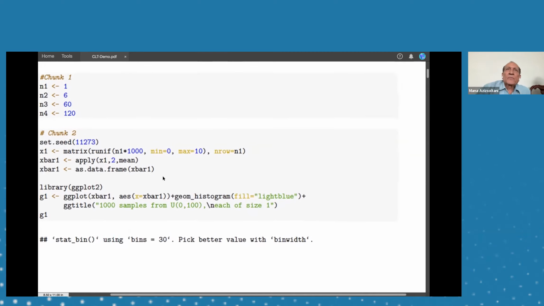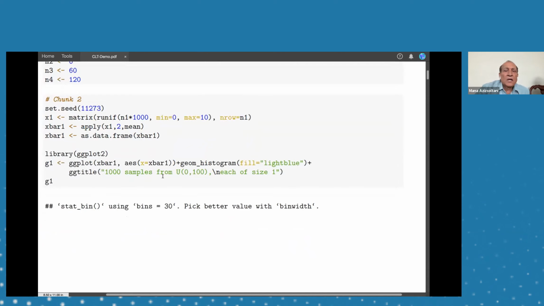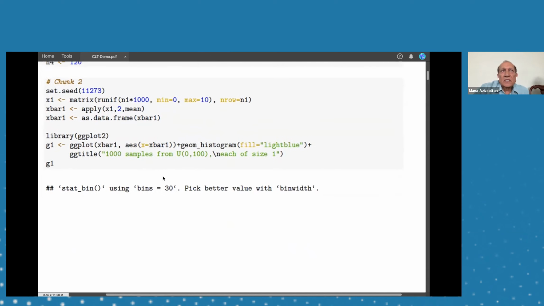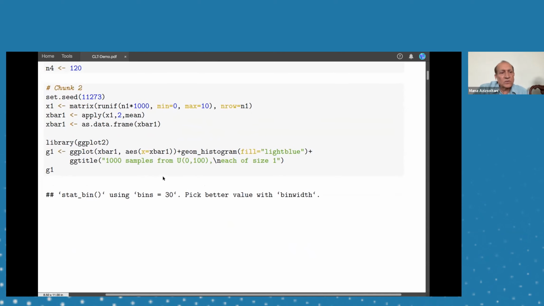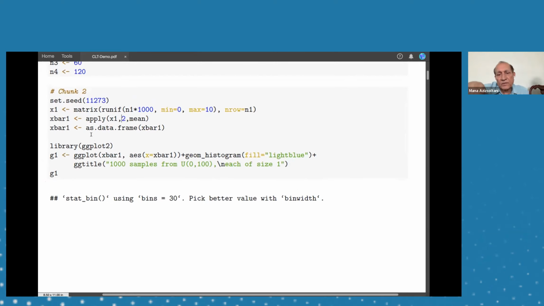In any simulation, you want to be able to reproduce your results, so the line that says set.seed equals some large integer simply means that if you run it again and again, you will get the same random numbers. So you can reproduce your results later. This is the power of R.